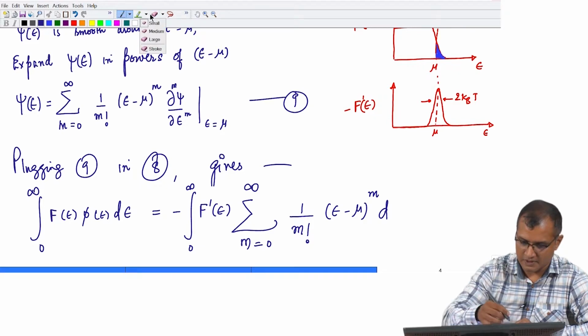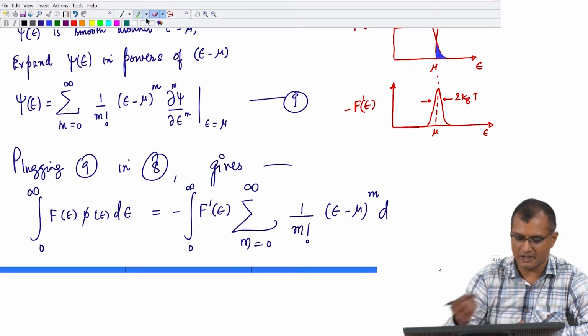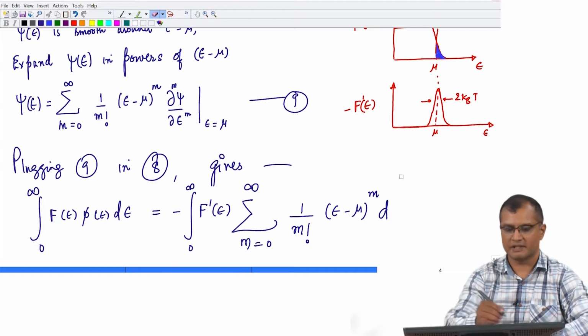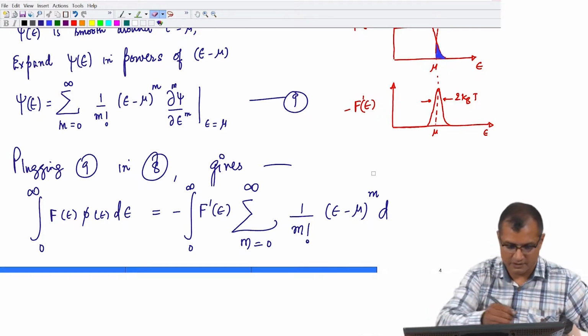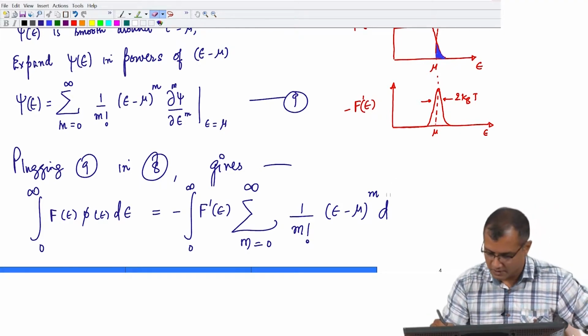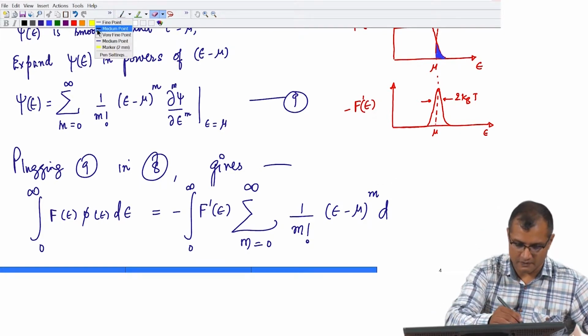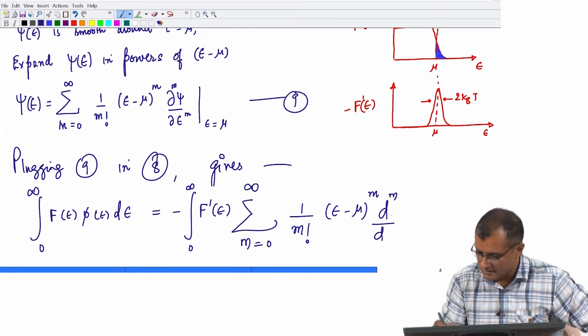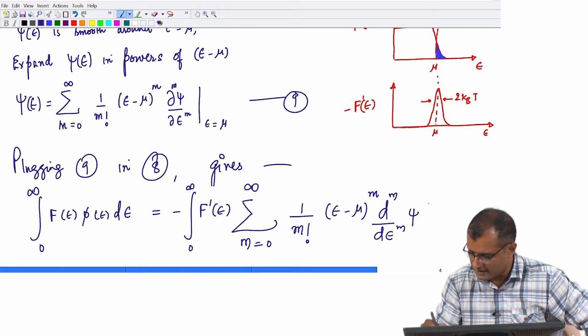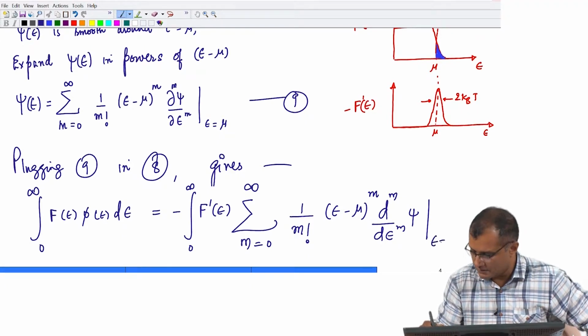and since psi is just a function of E, I am going to write the partial derivative as the ordinary derivative. Psi is not a function of any other variable. So, purely respecting that, I am going to write it as the mth ordinary derivative of psi at E equals mu.